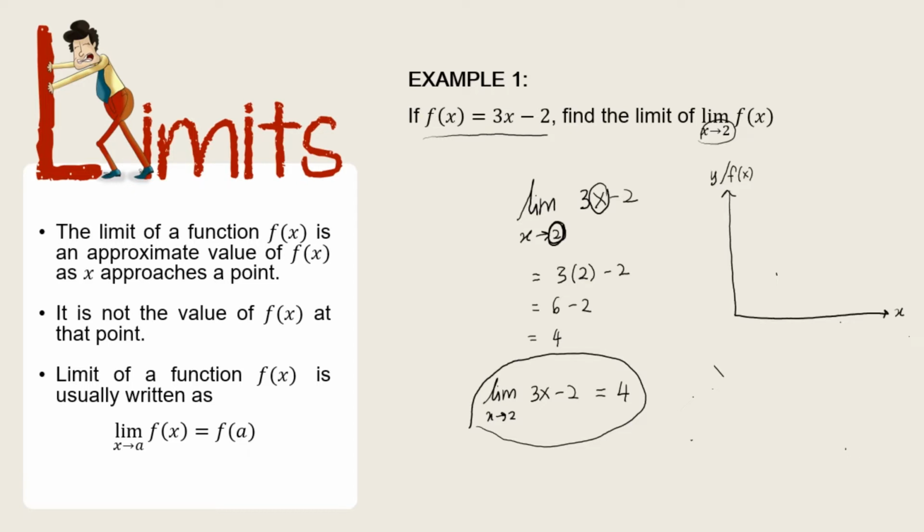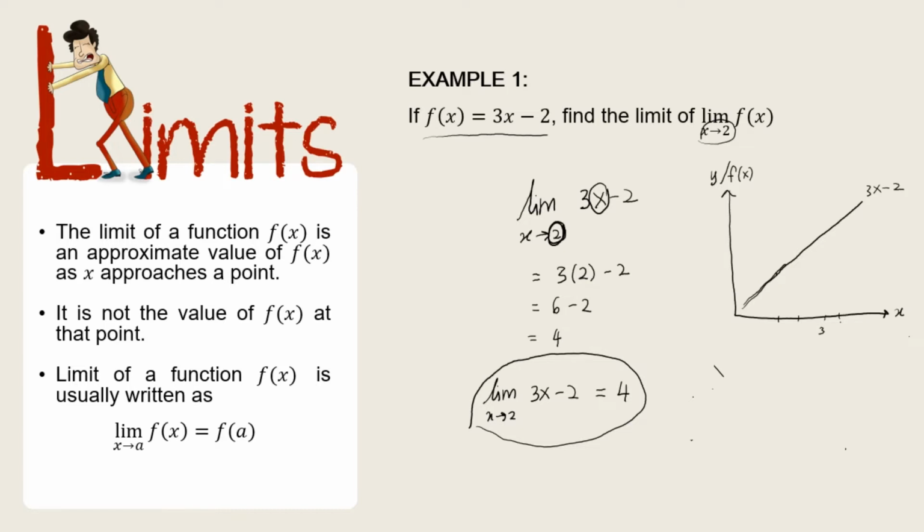So when you have a function on the graph, let's say a straight line with the equation 3x minus 2, we want to find the value of the function when the value of x is approaching any value. Let's say that just now we found it when x approaching 2.